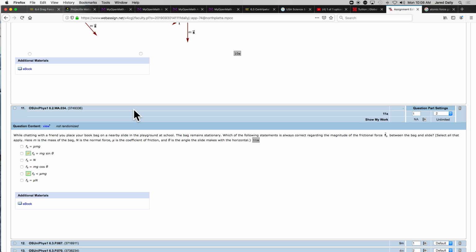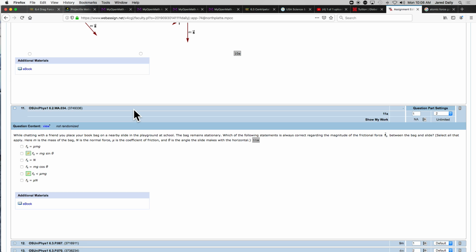So mu times mg would be mu times this vector here. That's way bigger than the frictional static force, because we already know that this one is bigger. It actually depends on the angle that you tilt this thing, but mu times mg is actually bigger than mg cosine theta. mg cosine theta is smaller, mu mg is bigger than that. And so it can't be equal to that one if it's not equal to this one, right?